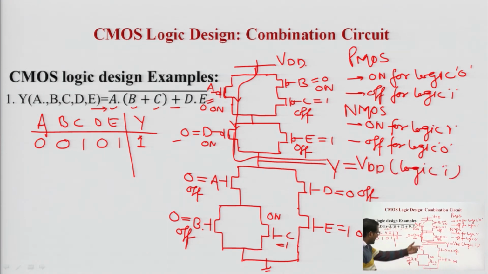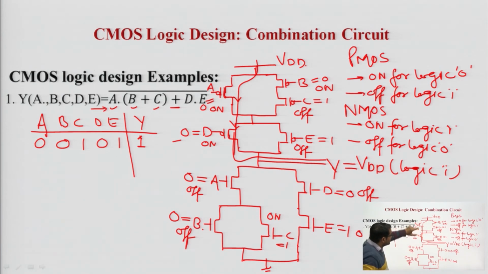And Y is not connected to ground because A is off, B is off. This will not be connected, and in this parallel D and E, one transistor is off. So Y is not directly connected to ground, so we can never say that Y equals ground, that is logic 0.